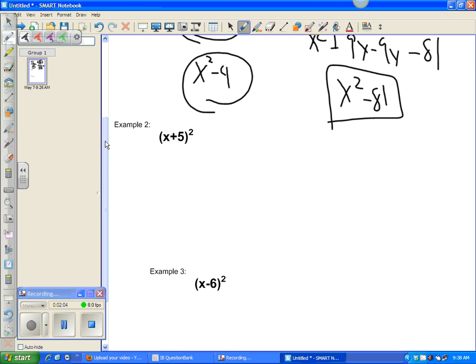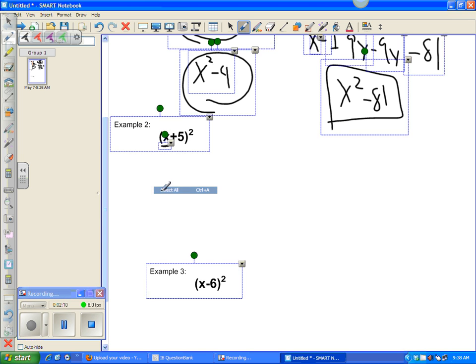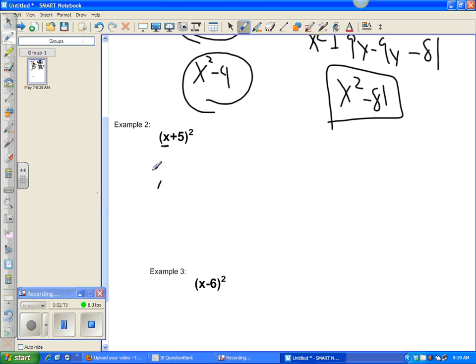If you look at this one, the pattern becomes, and I like to say this squared, which gives me x squared. This one squared, which is plus 25. And then you just multiply that by 2 times x, which is 10x. Now let me prove this using FOIL over here. x and 5.